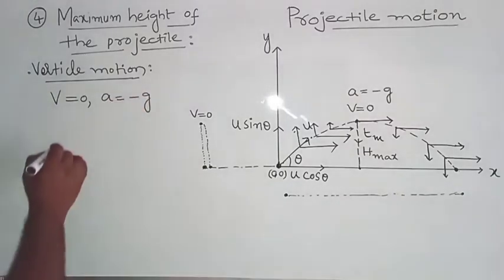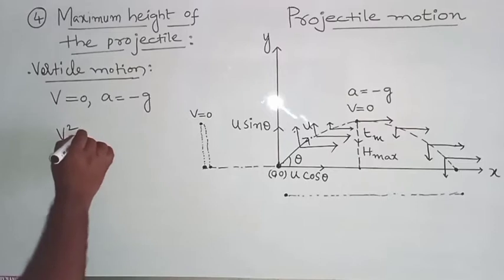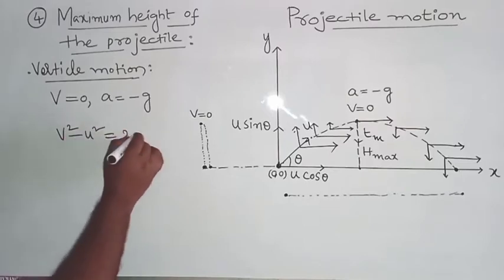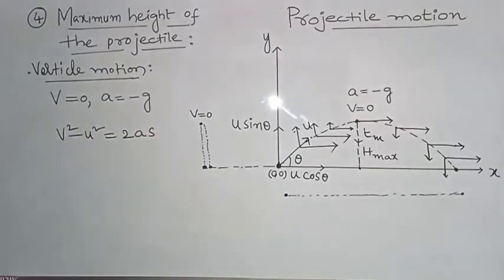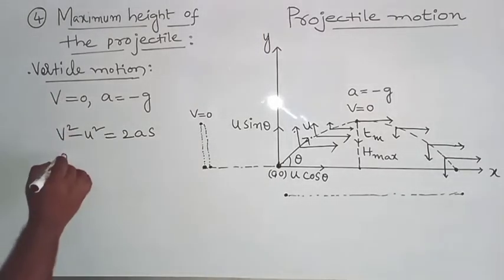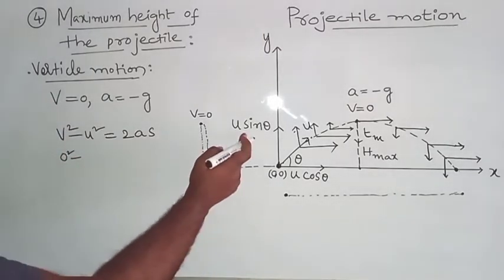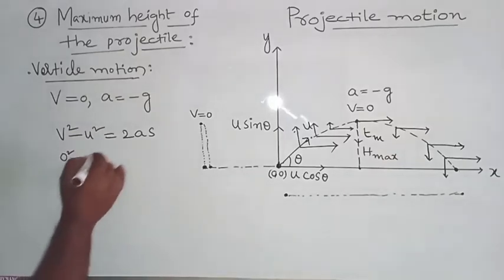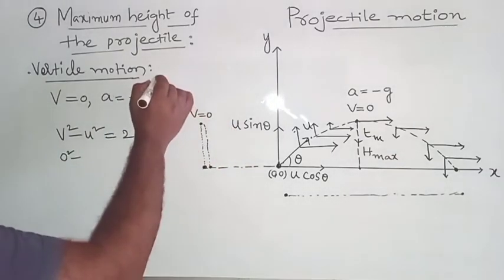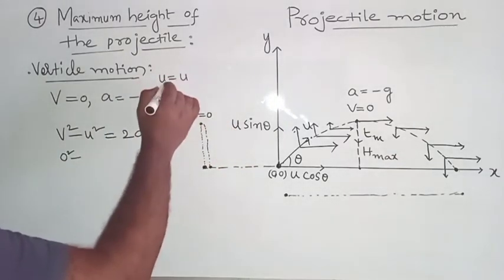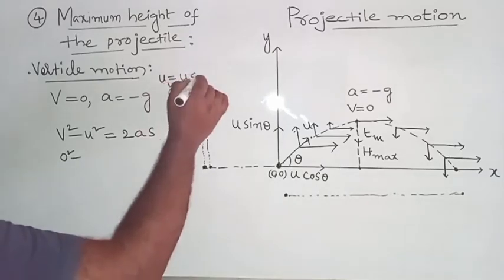We know that formula: v square minus u square equals 2as. Here final velocity is 0, so 0 square minus u square. Initial velocity, along the vertical direction, is u sin theta.